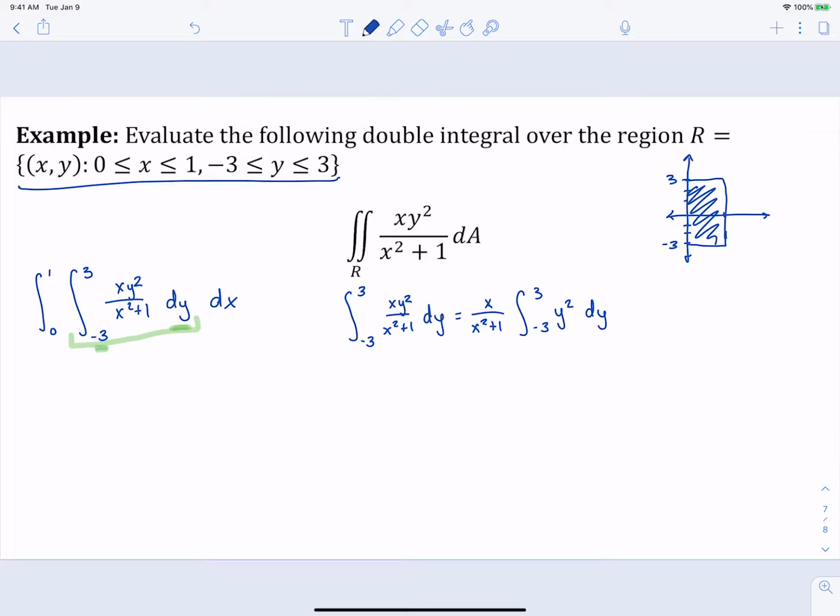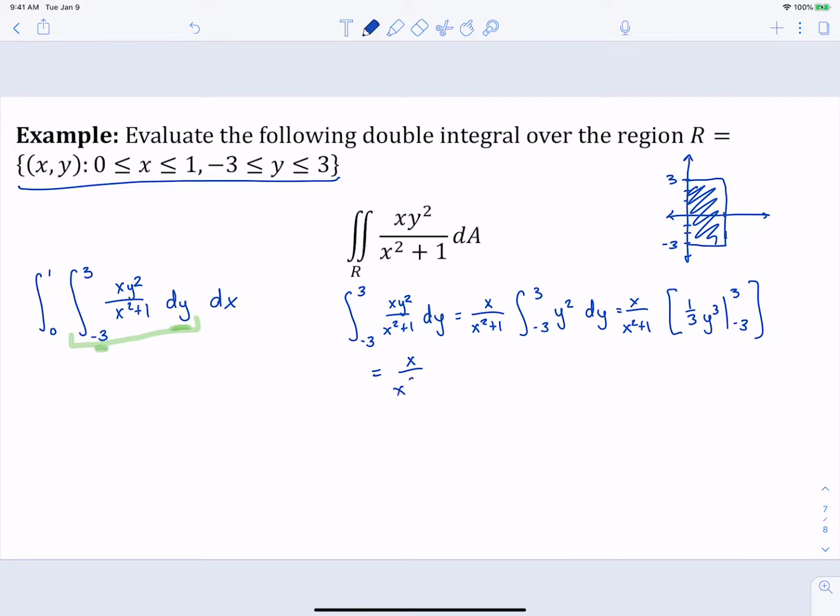It's like if we have 5 times x squared, and we have that in an integral, we can move that 5 out front. So same thing here. We can take all of that stuff, that x over x squared plus 1, and move it out in front. And then take our integral with respect to y. So this stuff just stays out in front, and then we get 1/3 y cubed from -3 to 3.